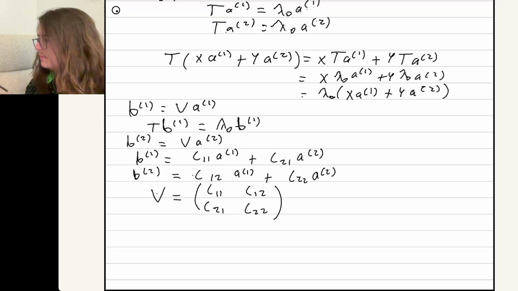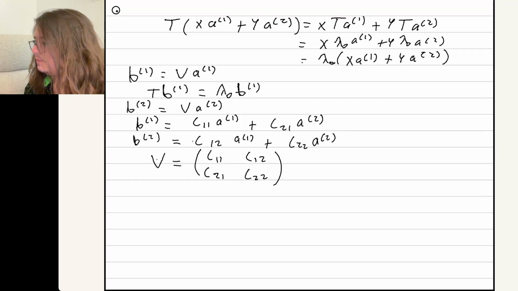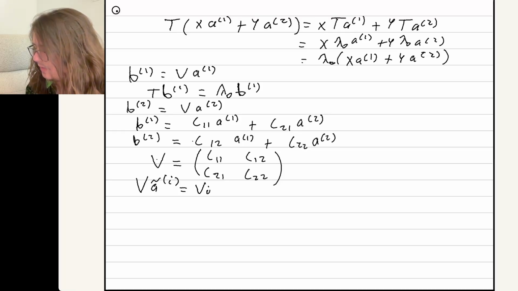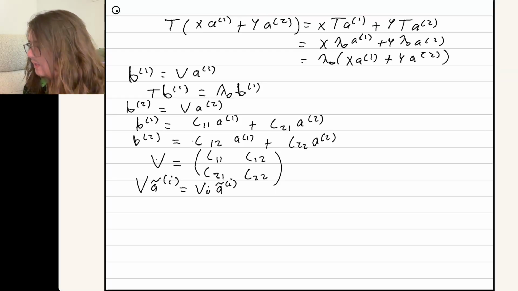That's V. The next step is to construct a new basis vector A tilde i such that it diagonalizes V. So V A tilde i equals some eigenvalue Vi times A tilde i. And so we actually have a form for the matrix of V in the basis of the A's.